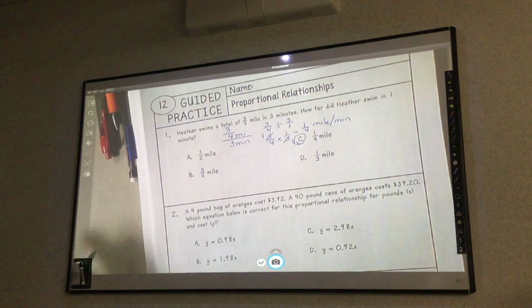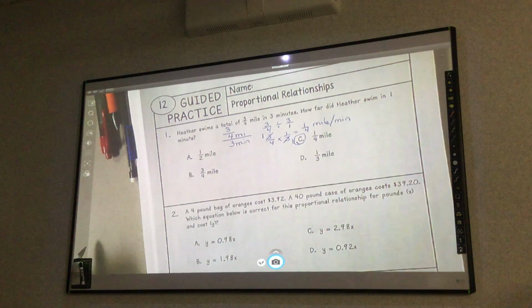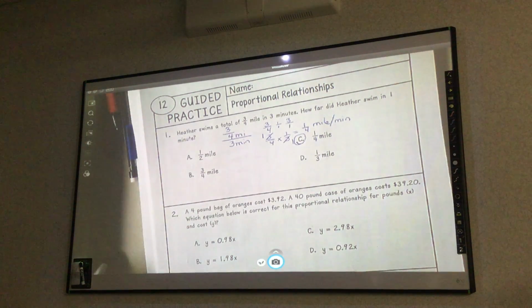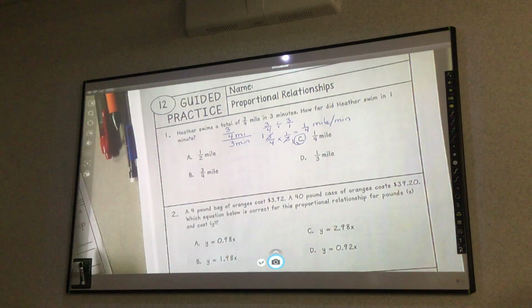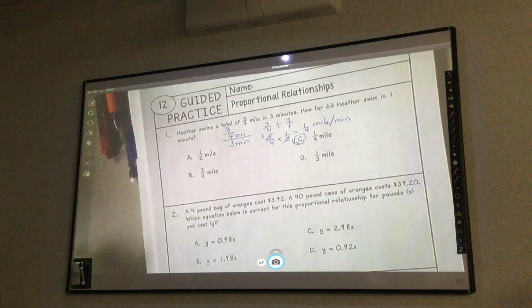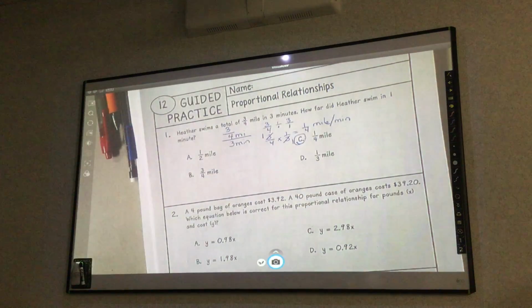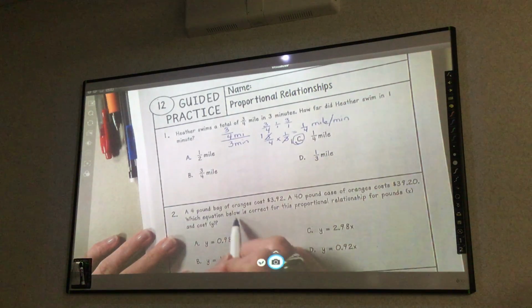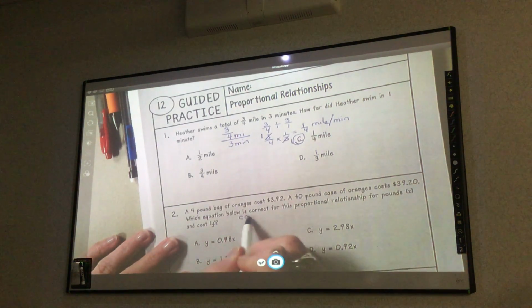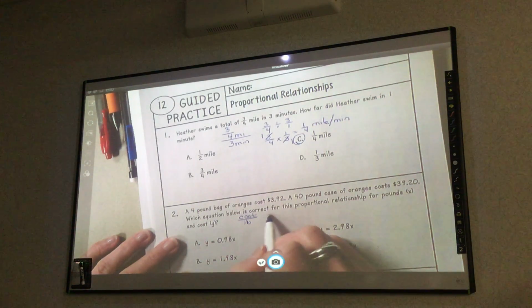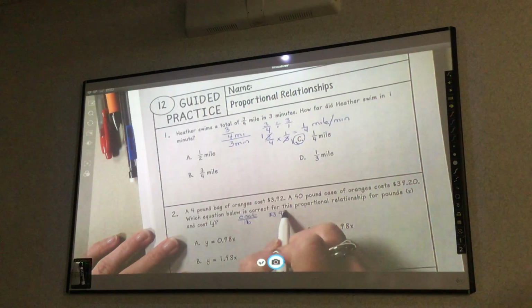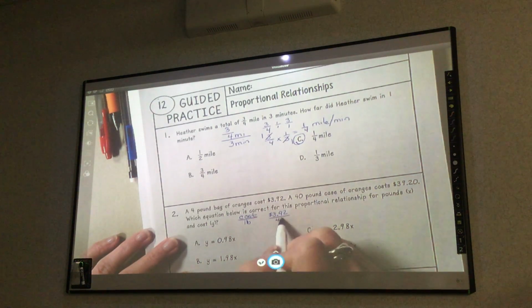A 4-pound bag of oranges costs $3.92. A 40-pound case of oranges costs $39.20. Which equation below is correct for this proportional relationship for pounds x and cost y? Alright, so we first have to figure out the unit rate. So we have 4 pounds and it's cost per pound, always cost per pound. So I'm gonna write cost per pound. And the cost is $3.92 for 4 pounds.